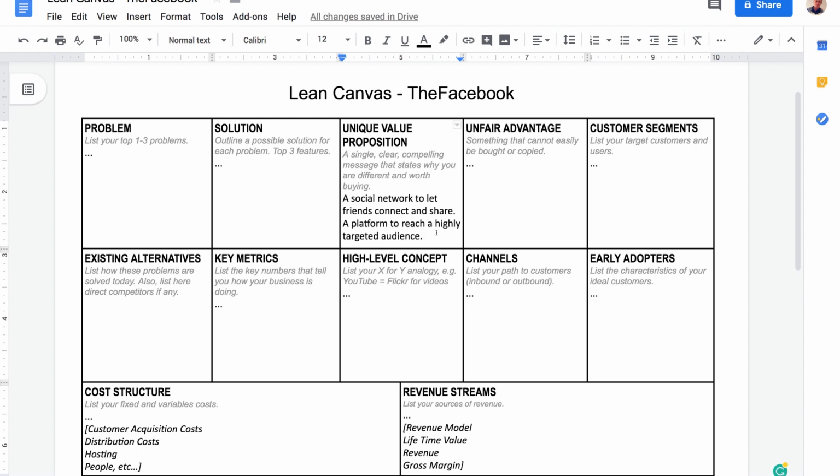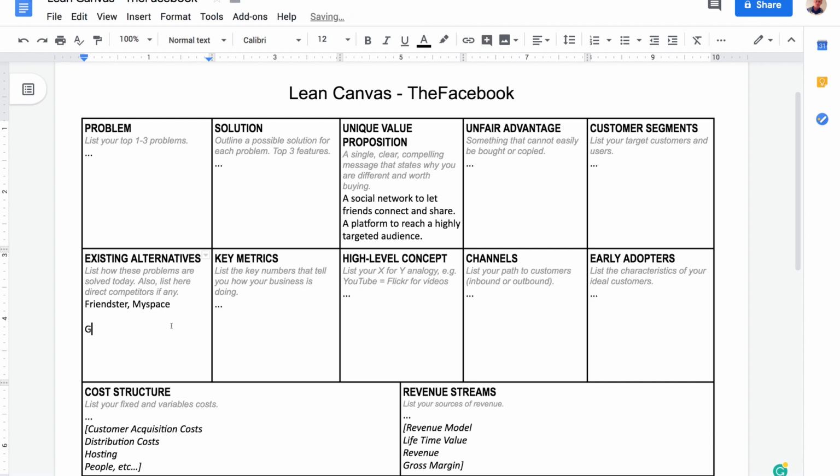Existing alternatives block. At that time, we had social portals like Friendster and MySpace, which were pretty weak in terms of functionality. And also, for advertisers, they only had Google AdWords and Yahoo Ads Engine. So let me put it here. Friendster and MySpace.